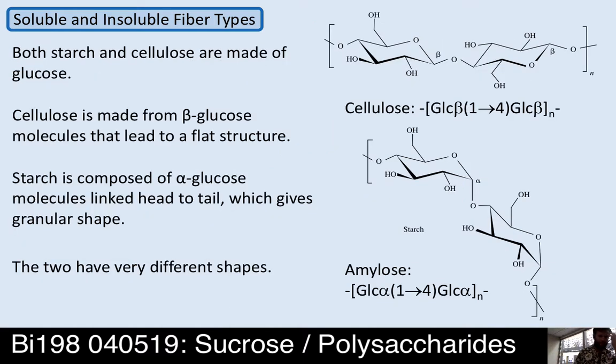All right, so just to drive home this comparison here, because I'm not going to ask you to barf up all of the linkage stuff of all of these sugars, but I want to make some of the very simple comparisons for you guys, and that's the comparison between cellulose, the structure of cellulose, and amylose. They're almost exactly the same thing. Except the configuration around C1 in the glucose is alpha rather than beta.